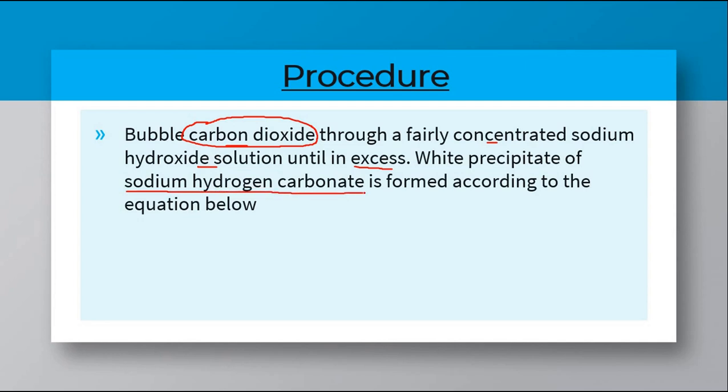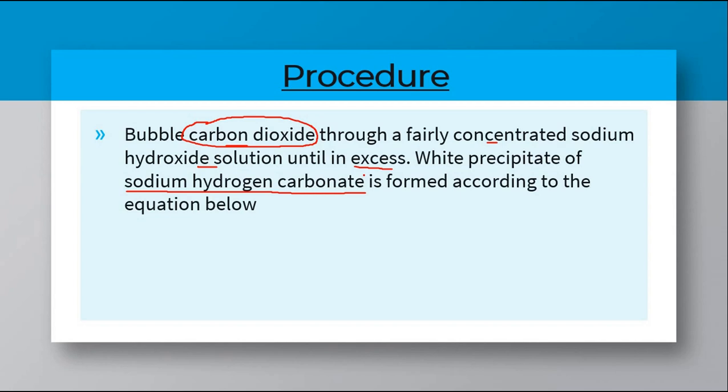Remember, this can happen in two ways. The first one is when you have less carbon dioxide and you pass it through concentrated sodium hydroxide solution, you will not form sodium hydrogen carbonate. Instead, you first form sodium carbonate, whereby when you add more carbon dioxide, then you form sodium hydrogen carbonate.